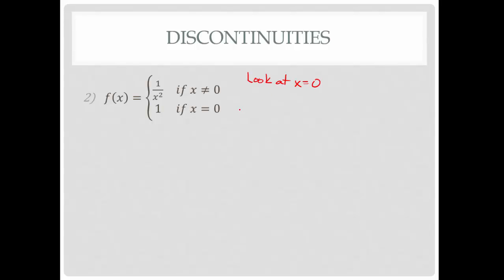Now, the other thing I need to keep an eye on for discontinuities is anywhere that my piecewise function changes from one piece to another. Because as we saw with limits, when you look at a piecewise function, a couple of things can happen.